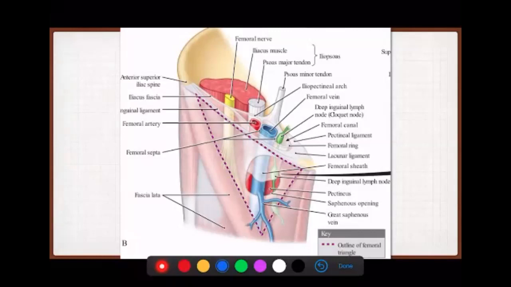This is the psoas major, the tendon of psoas major. This one is the femoral artery, which is separated from the psoas tendon by the femoral sheath.